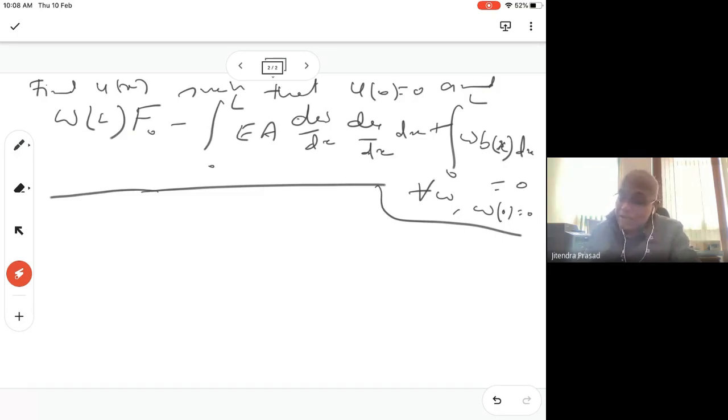Now we have to go back from here to the strong form, so we will do integration by parts.